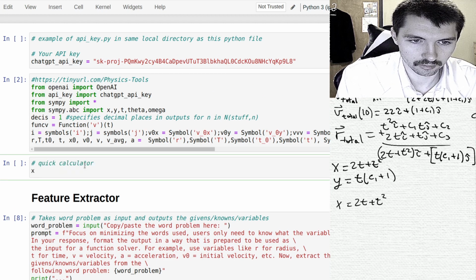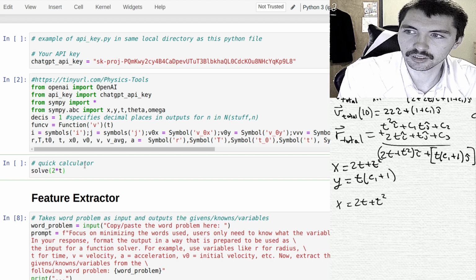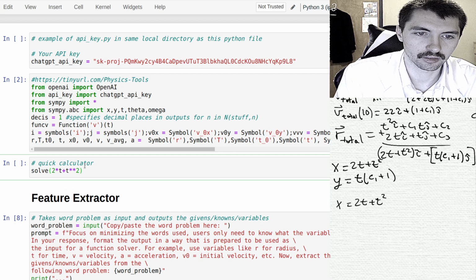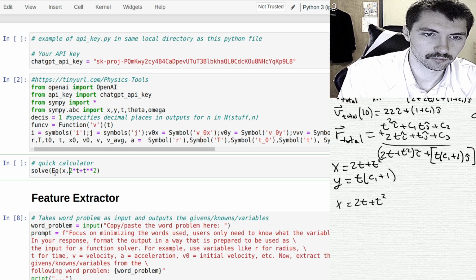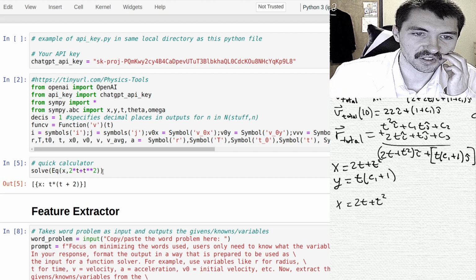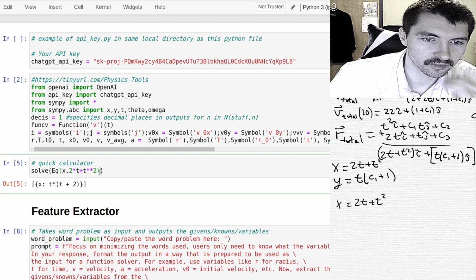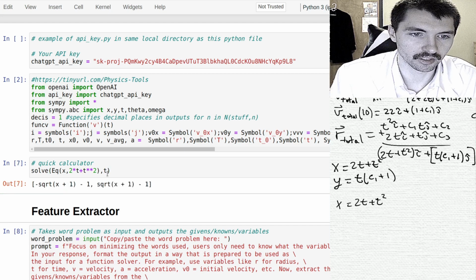So solve 2 times t plus t squared. Solve for x. No, solve for t.